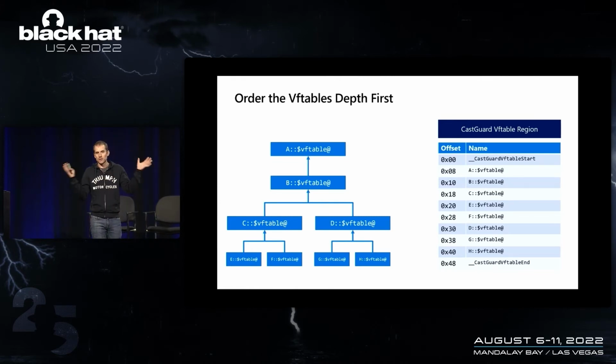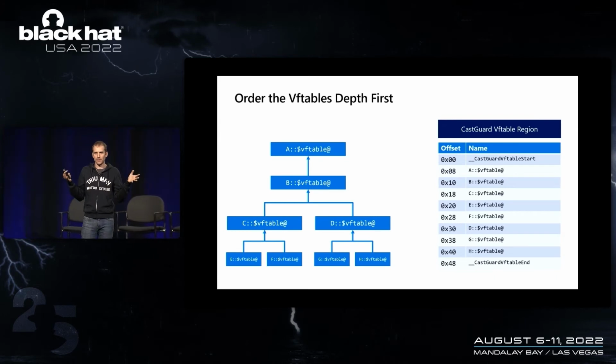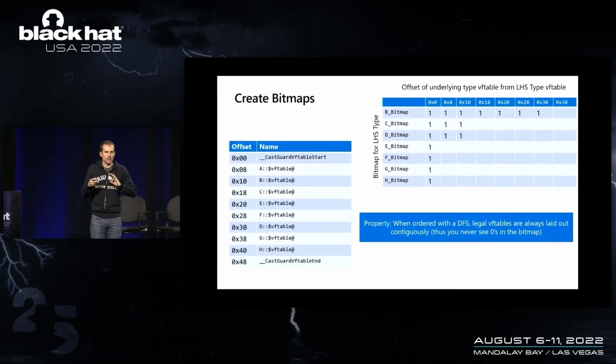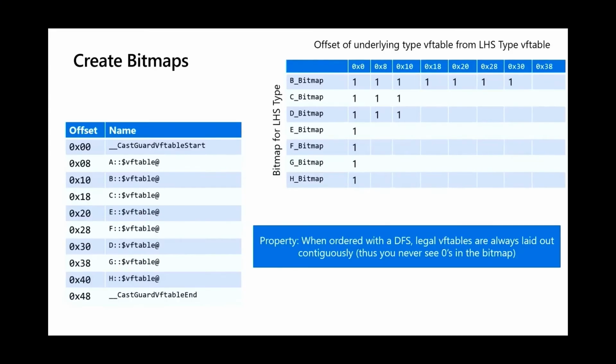And you might have a bunch of different vtable hierarchies in your binary. And the order that different hierarchies are laid out relative to one another doesn't matter. It just matters how the vtables in any particular hierarchy are laid out relative to the other vtables in that hierarchy. Okay, so then once again, you might just intuitively create bitmaps.